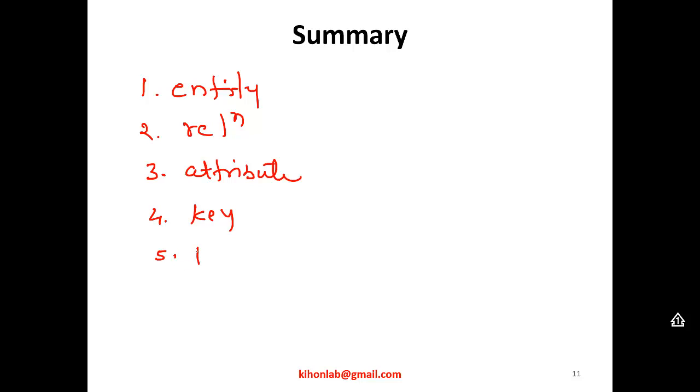Then mapping the relationship. And the last one is, if there is any dependency, remove that type of mapping. So this is all together the steps of drawing an entity relationship diagram.